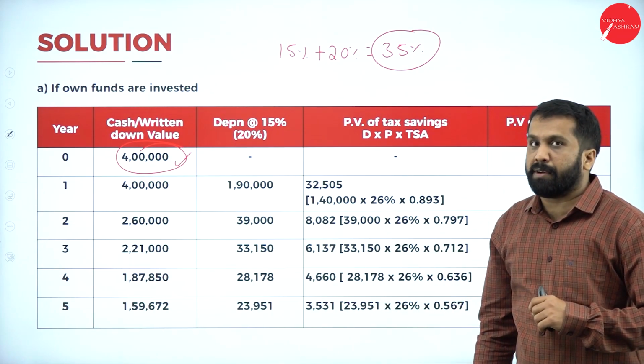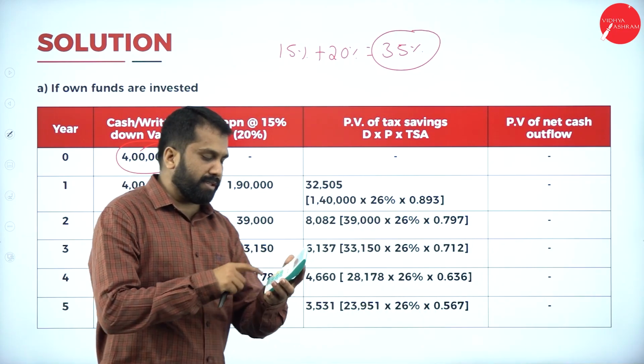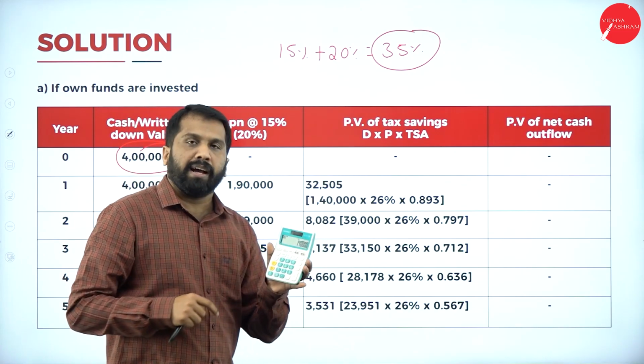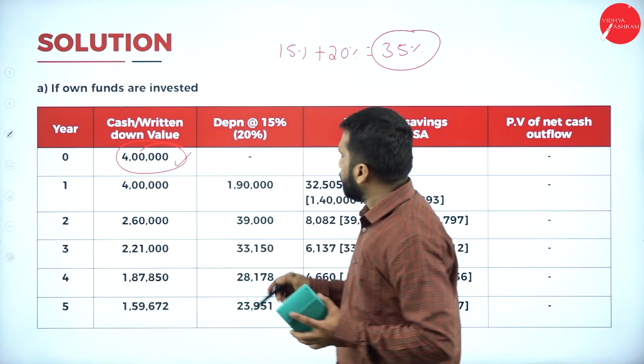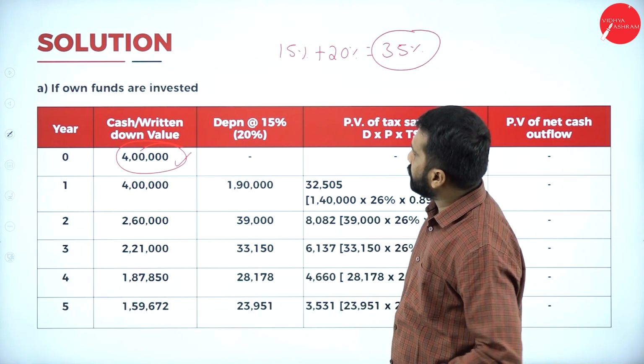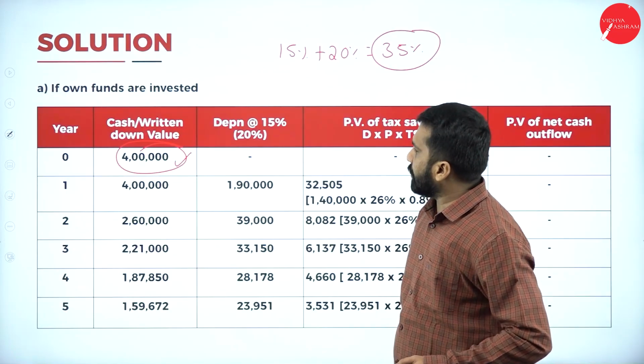15 plus 20, it will be how much? 35. Calculate 4 lakh into 35%. 4 lakh multiplied with 35%. I got 1,40,000. See, I got 1,40,000, but we'll see what is the depreciation. 15% plus additional 20%.